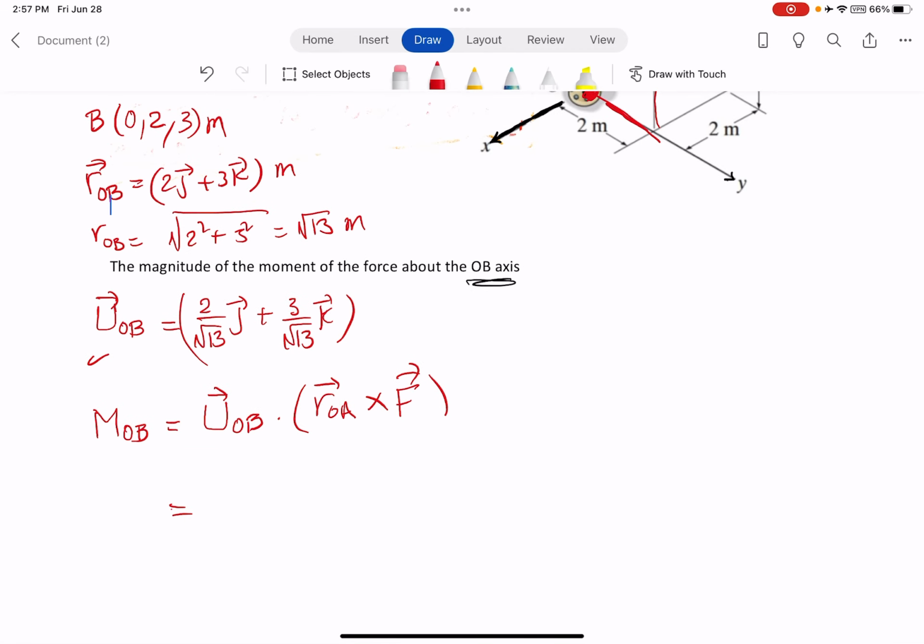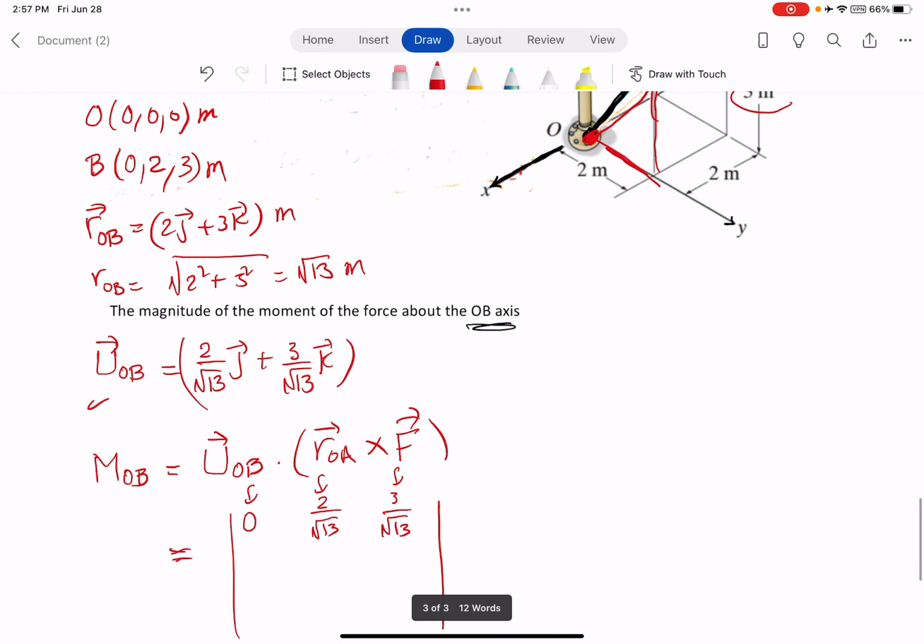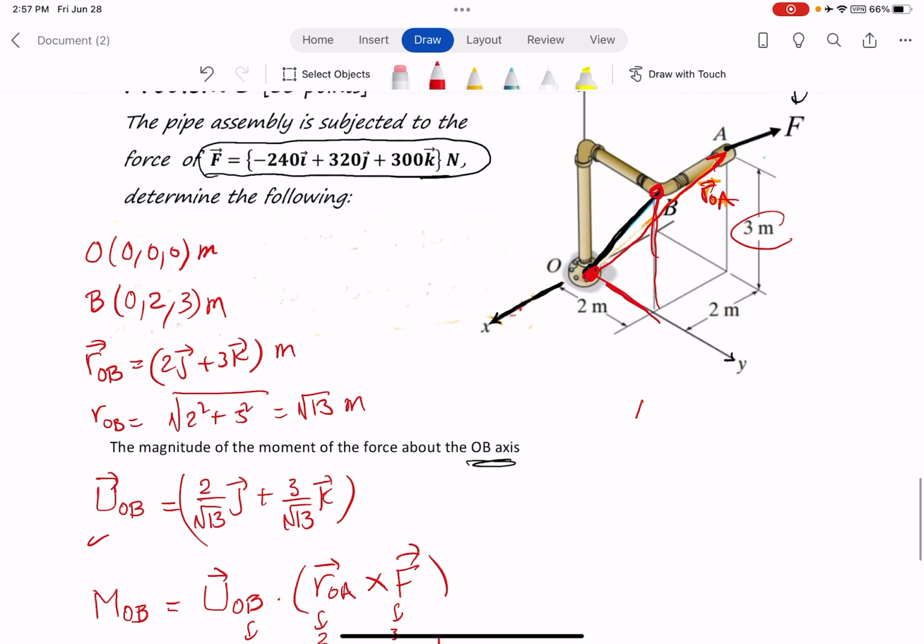That's how to find the moment around the axis OP. So now we could do it like this. The unit vector is 0, 2 over square root of 13, 3 over square root of 13. For the moment around an axis, we don't put the IJK. We put the unit vector of the axis at the top. Down, we're going to put the position vector ROA. Okay, what's point A here? So point A, you can see here, is minus 2. The Y is still 2.